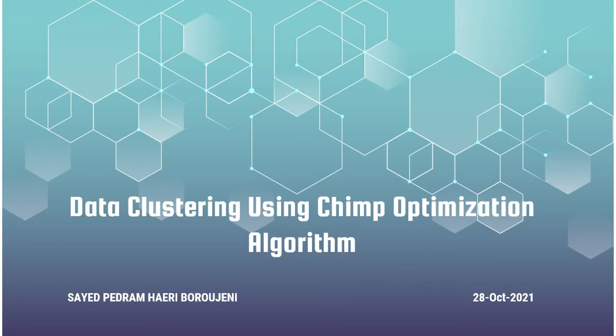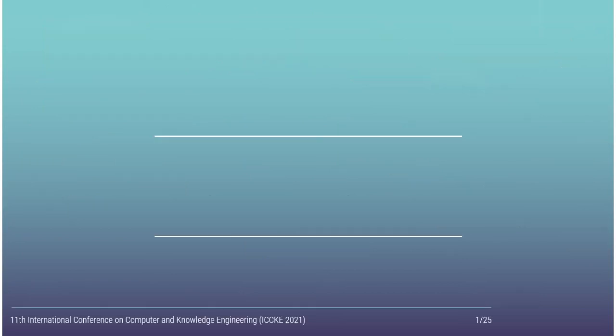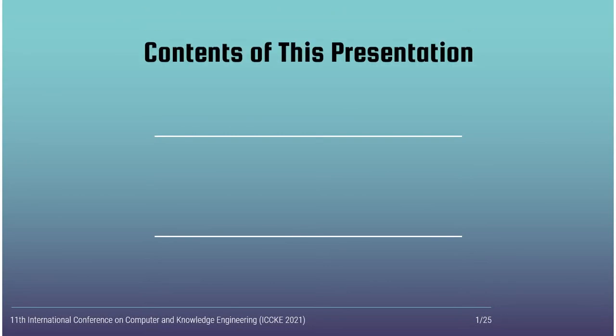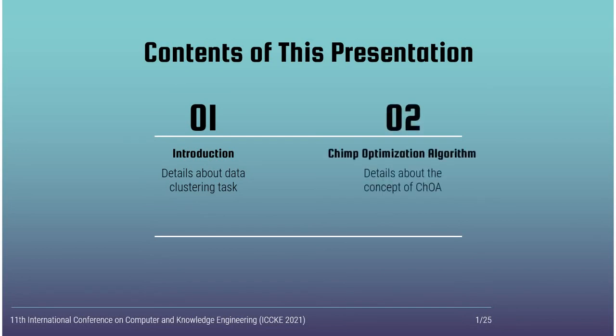My name is Pedram Haeri and this is my paper, which is about data clustering based on the Chimp optimization algorithm. The content of my presentation is as follows. First of all, I want to talk about the details of the data clustering task. The second part is about the Chimp optimization algorithm and how it works.